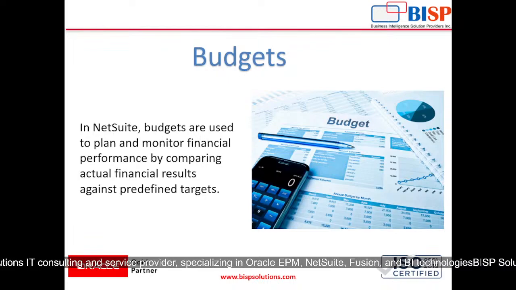So some key concepts are budget categories, which are used to classify budgets. Common categories include departmental budgets, project budgets, and company-wide budgets. Then budget records. These records contain the budgeted amounts for specific accounts and periods.